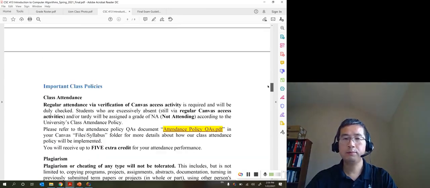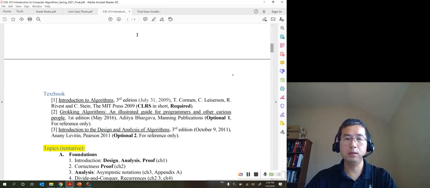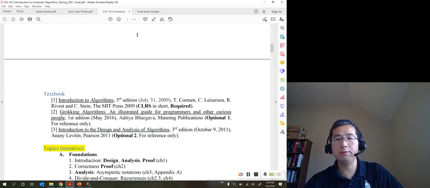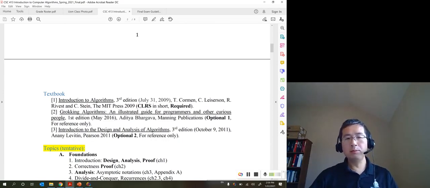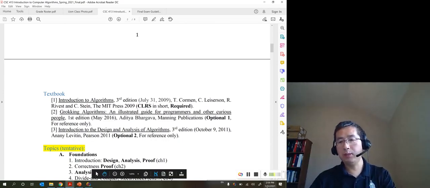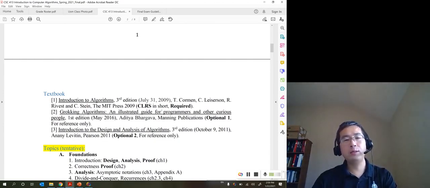CLRS is just the first letter of the first name of the authors. Though the book is old compared to the time now, it's 2021, the algorithms themselves don't have many changes.